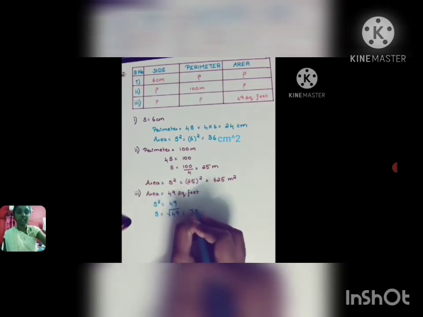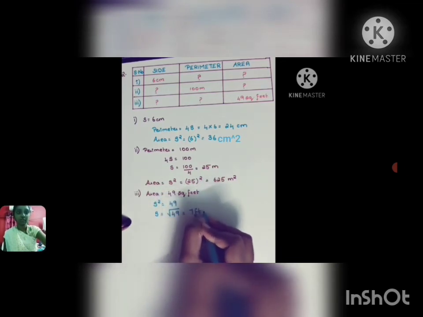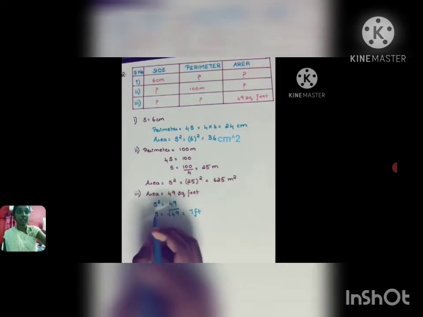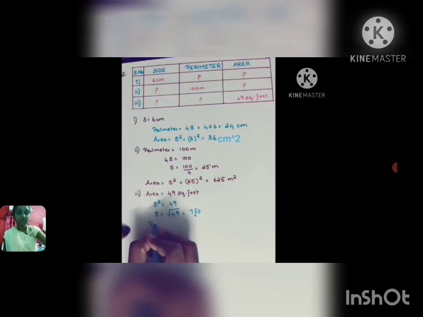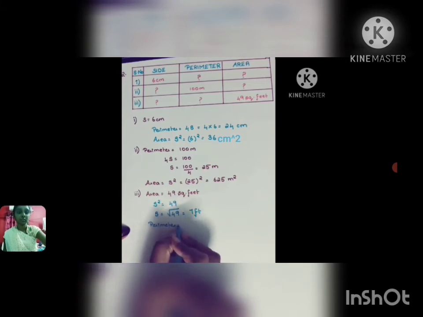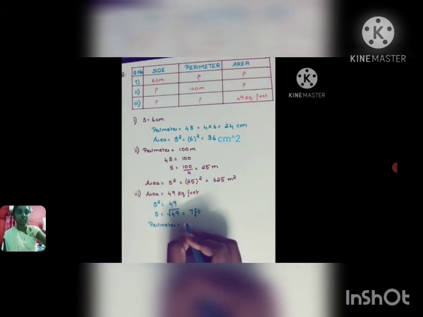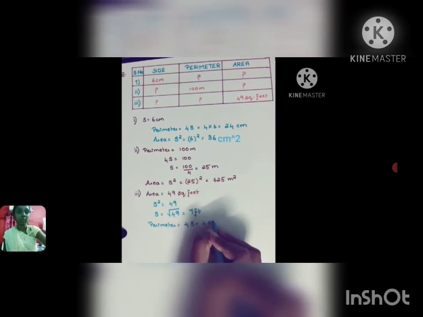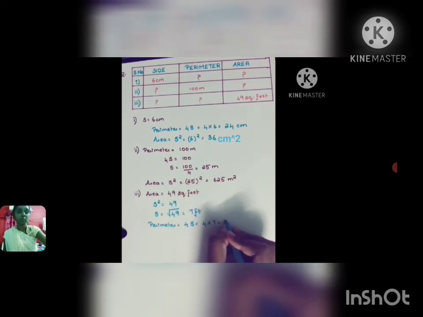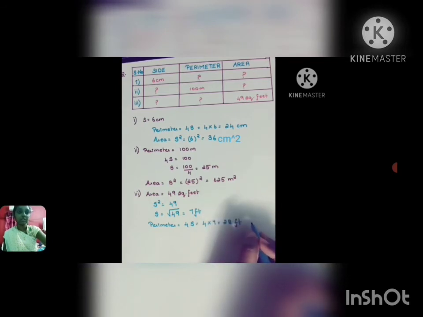That is, s is equal to root of 49, which is equal to 7 feet. Now, in order to find the perimeter of the square, we need to multiply the side of the square by 4. That is 4 into s. And here s is 7. So, 4 into 7, which is equal to 28 square feet.